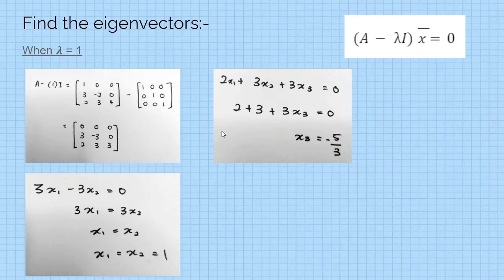As we know, we already found the values of x1 and x2, so we just replace the values and we get the equation 2 plus 3 plus 3x3 equals 0. We simplify this equation and we get the value of x3, which is -5/3.